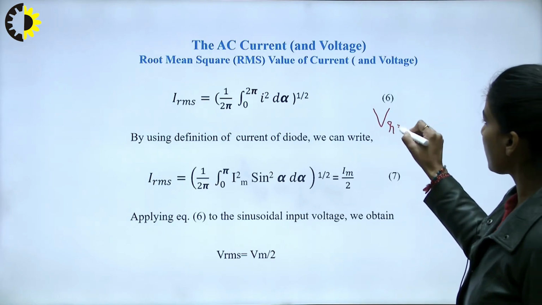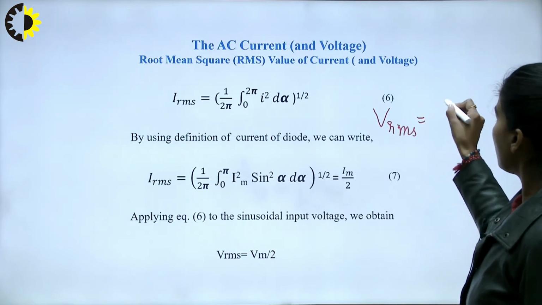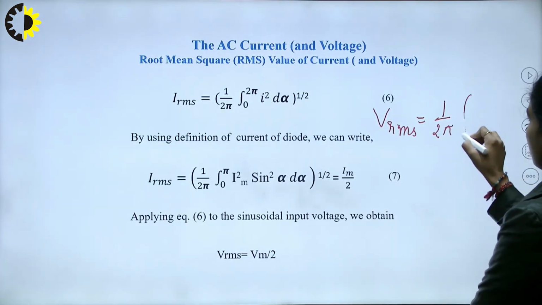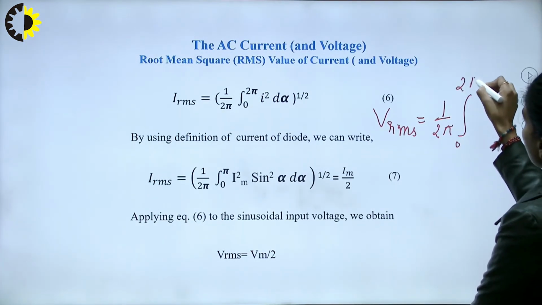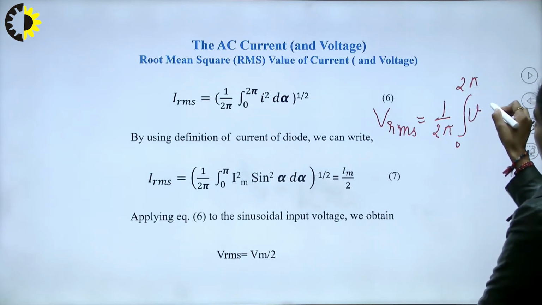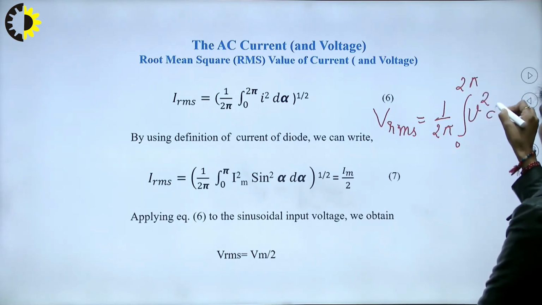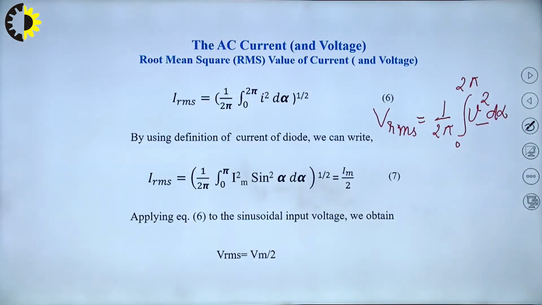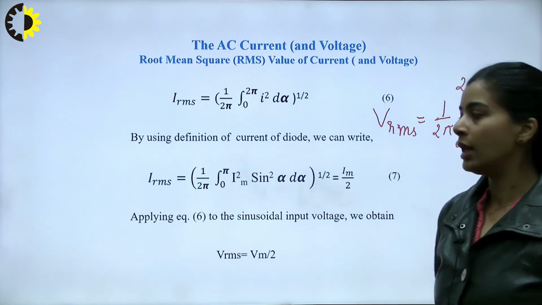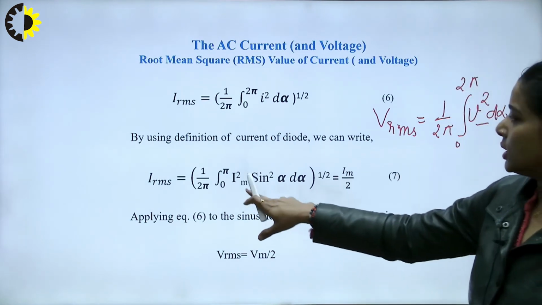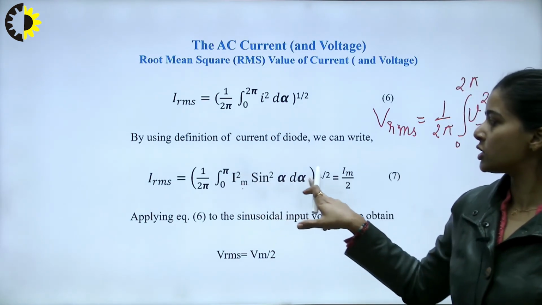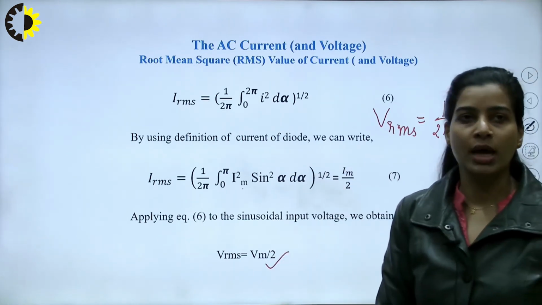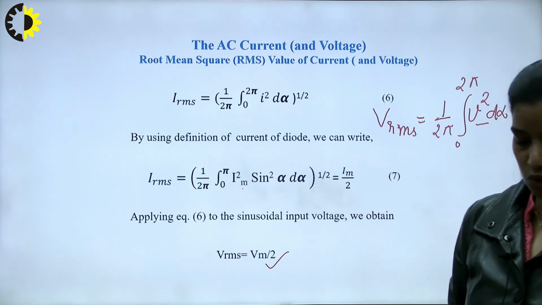Vrms will be 1 upon 2 pi, 0 to 2 pi, V square d alpha. Putting the value of V here as Vm sin alpha, we will get this Vm square sin square alpha, and integrating this will give us Vrms value as Vm by 2.